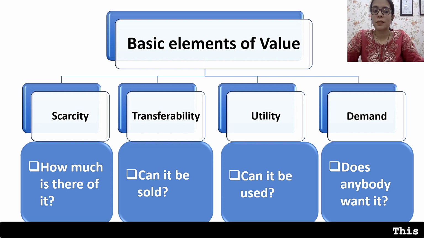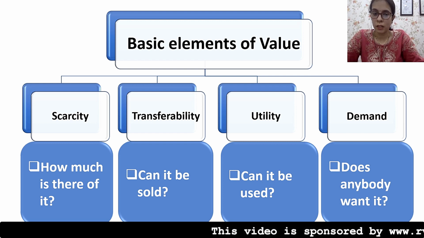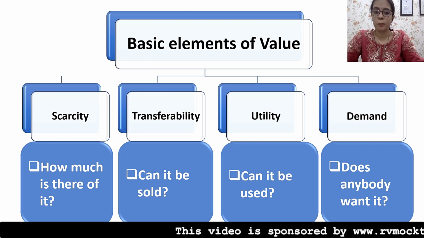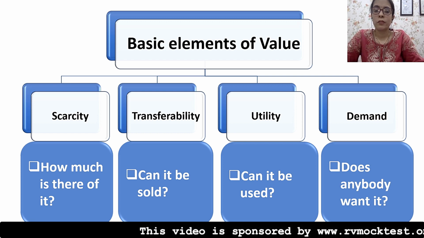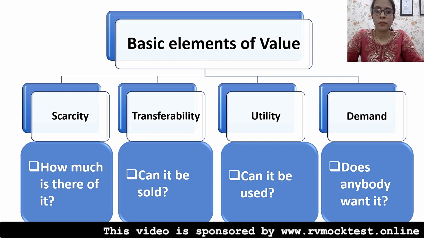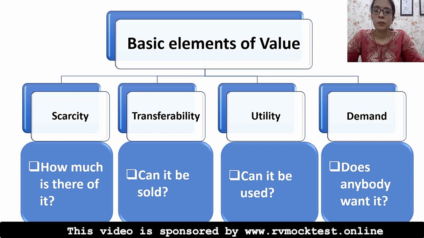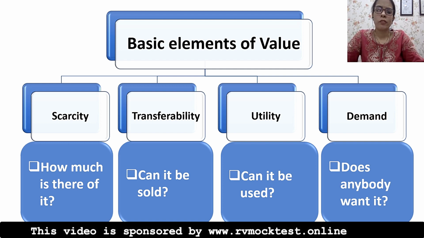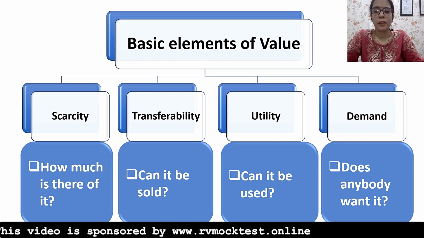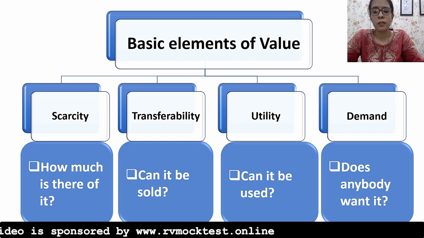So please understand the thin line of difference between utility and demand. Demand is not only the wish to purchase a property, but also the financial backing that you have the resources to buy that property. So these are the basic four elements which drive the value of a property. I hope these elements of value are more clear to you now, and an MCQ can come from these concepts.